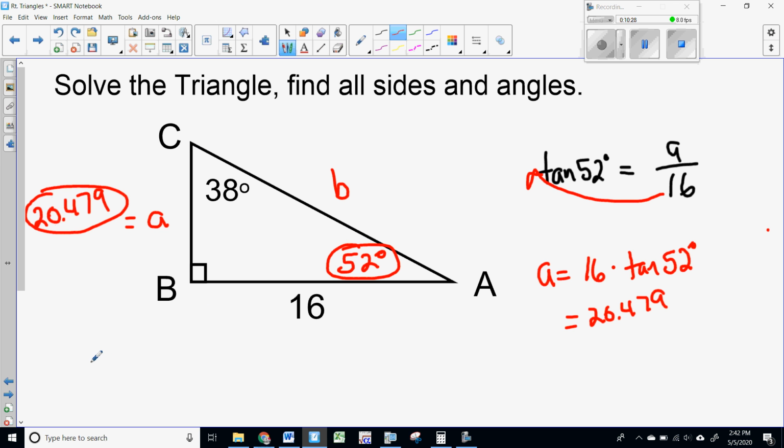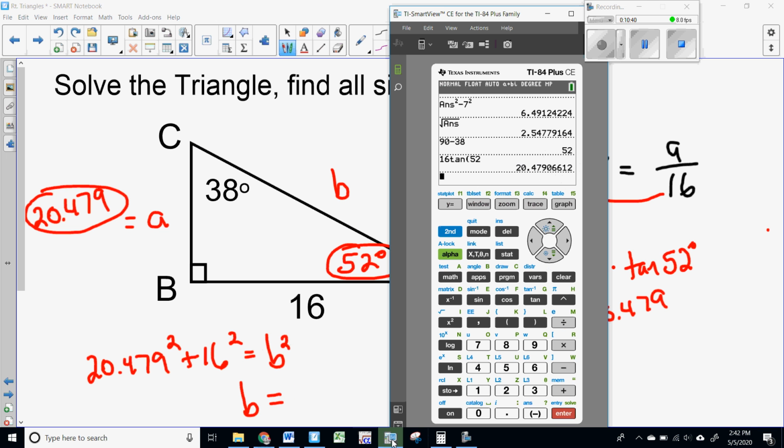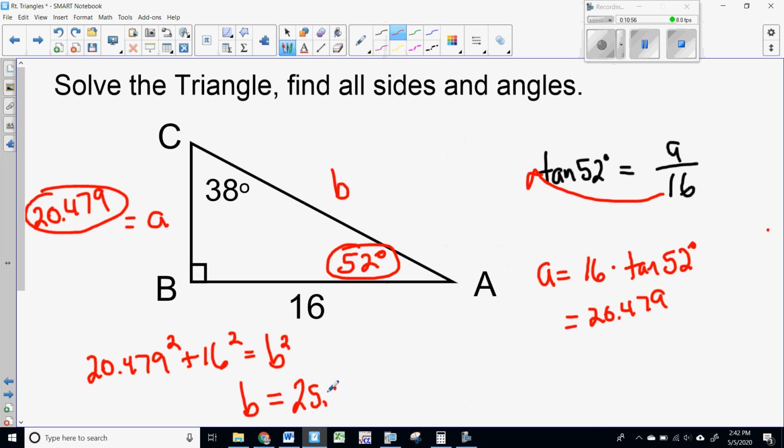And next to find B, I can go back to my Pythagorean theorem that we know and love so well, and go to my calculator and square that plus 16 squared. Take the square root of my answer and get 25.990.